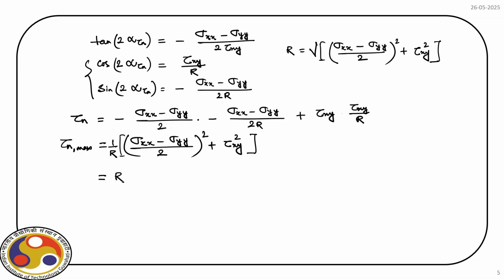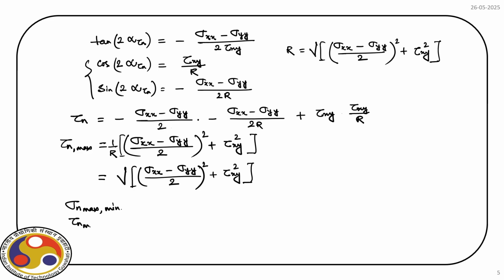So, effectively we have r and we know the expression of r. So, the expression of maximum shear stress is square root of sigma xx minus sigma yy by 2 whole square plus tau xy square. So, from this discussion what we get, sigma n max and min and tau n max.